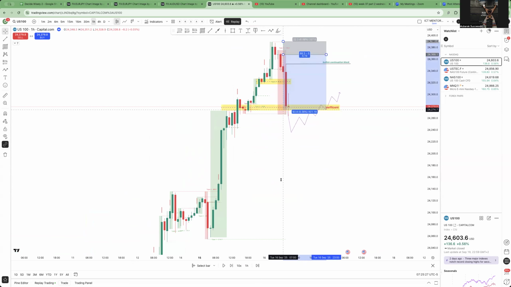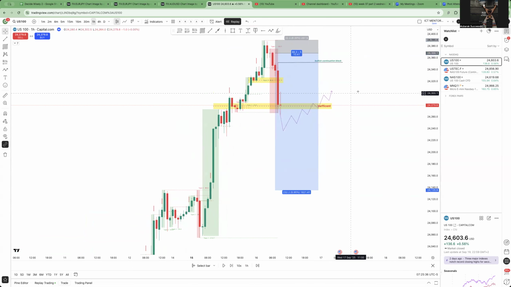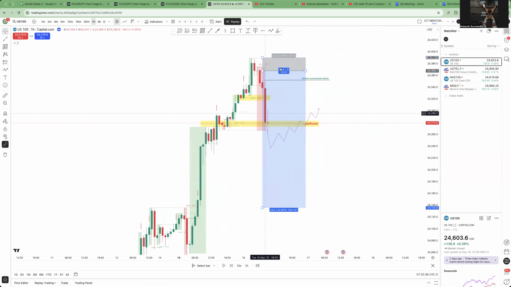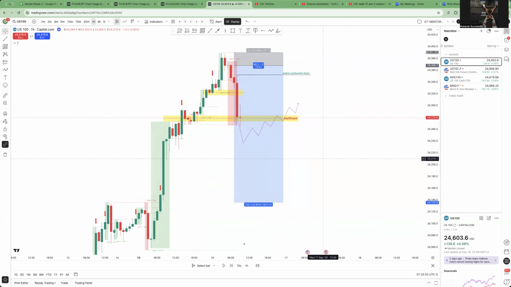Market is going to die, whatever, 200 points to this side. That's my setup. Once we close below this inefficient space, I believe we have to create this expansion that I've drawn here. I believe it so much that we have to.